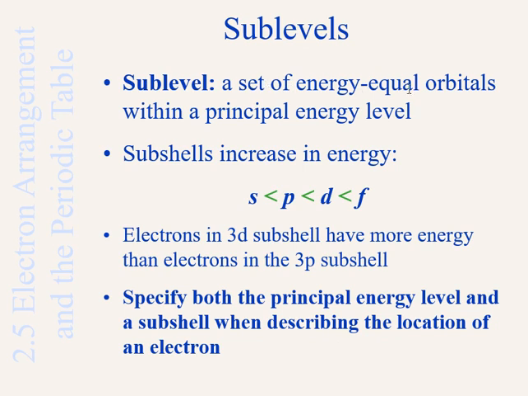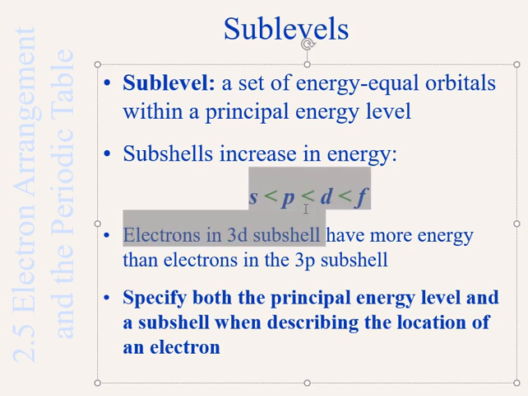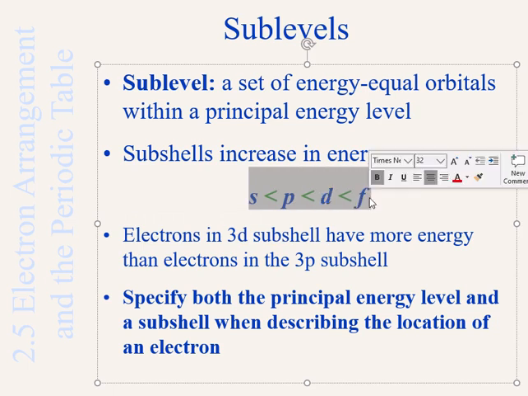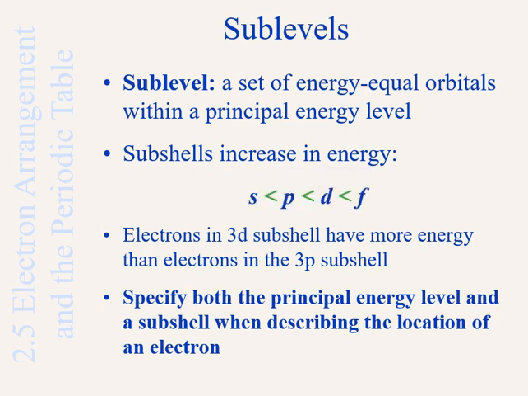A sublevel is a set of energy-equal orbitals within a principal energy level, and the sublevels we previously said there are 4 of them, given the abbreviations lowercase s, p, d, and f. The s sublevel is lower in energy than the p sublevel, followed by d, followed by f. That's why I stated them in this order. So those are the 4 sublevels we have.